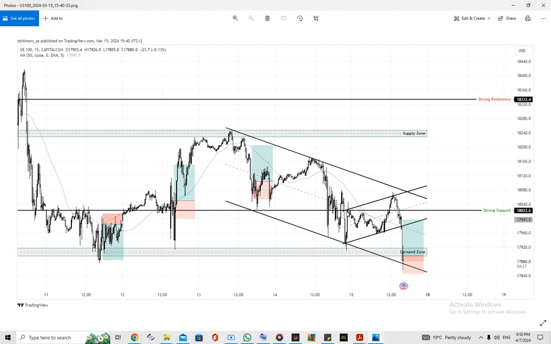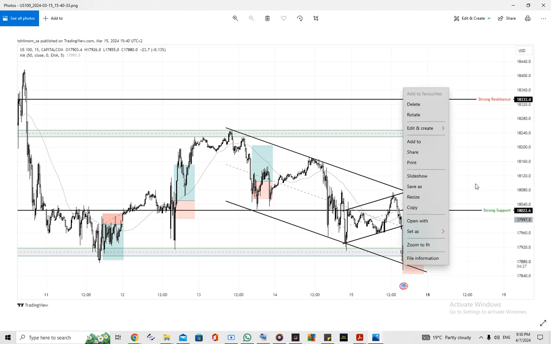So we experienced the accumulation phase, which was in a descending fashion. Then the manipulation was during the London session. Then the market just came to this level during the market open and distributed to the downside on this day.